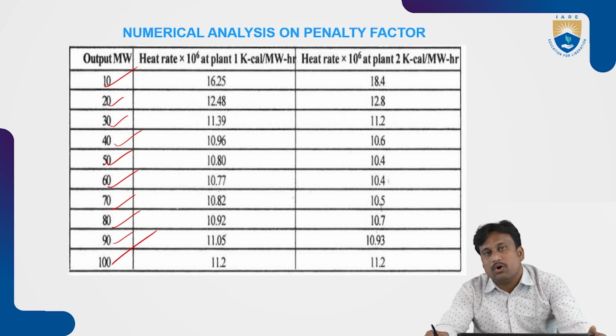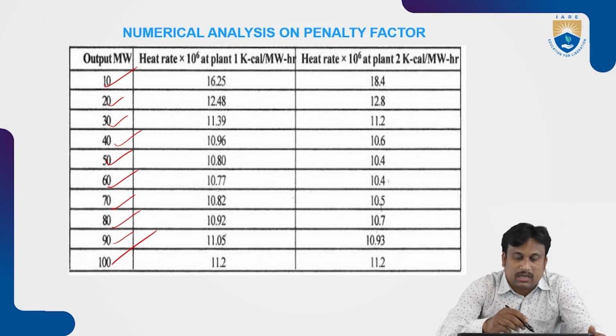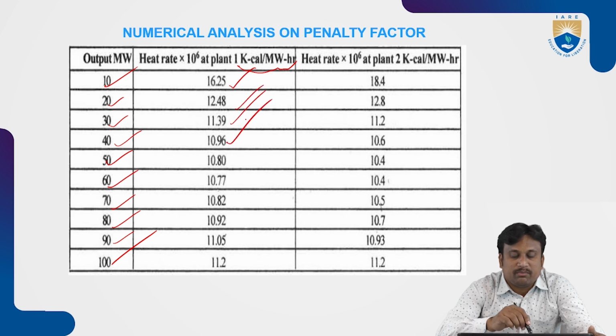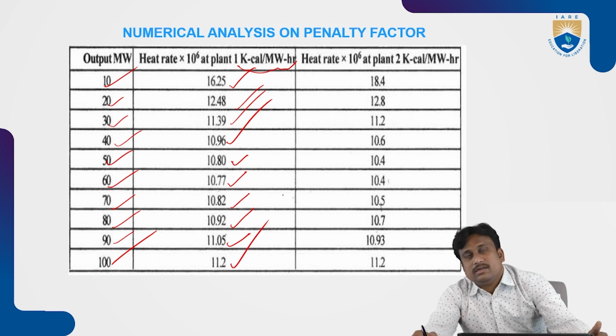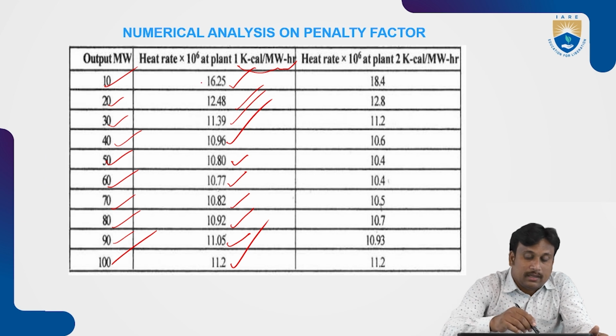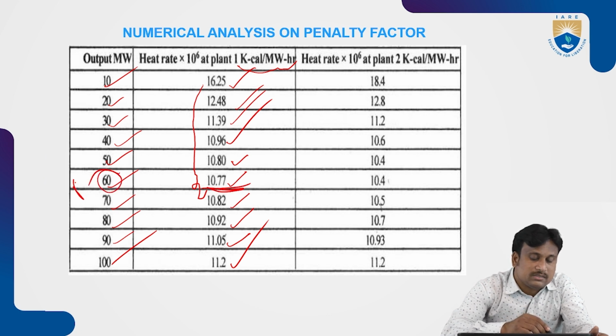Next, the heat rate into 10 power 6 at plant 1 in kilocalories per megawatt hour is 16.25, 12.48, 11.3, 10.96, 10.80, 10.77, 10.82, 10.92, 11.05, 11.2. The heat rate decreases up to 10.77 for output up to 60 megawatts.